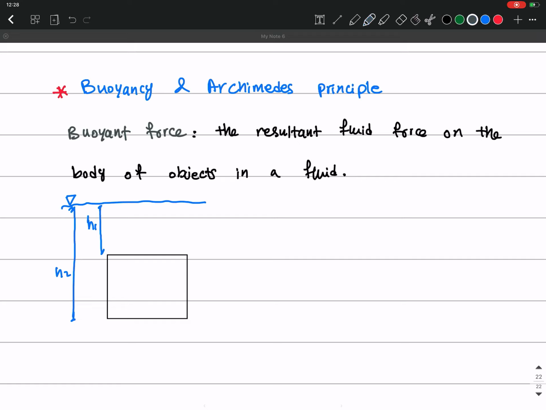Okay, and it has a weight which acts on the center of gravity of this shape, which is here. And this is the edge of the object, the height of the object.